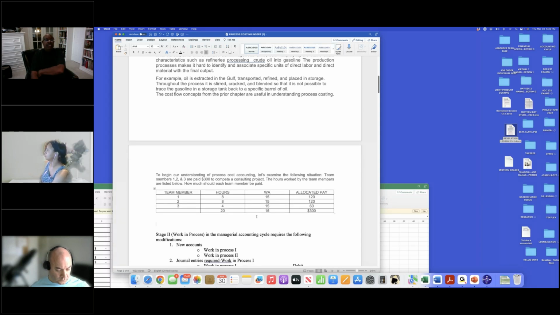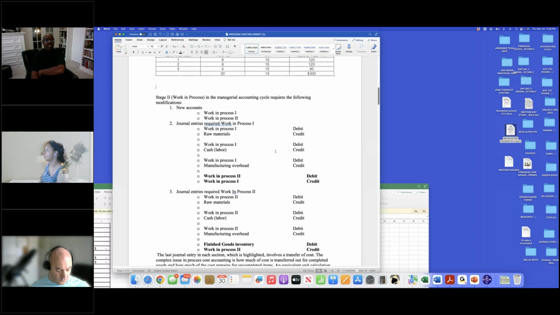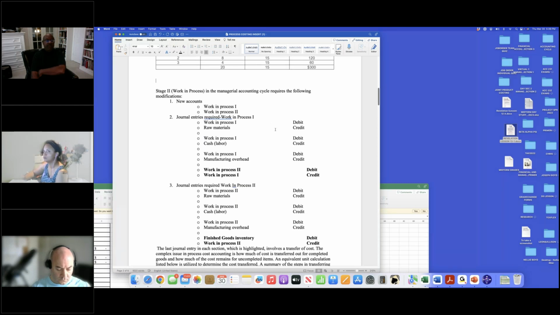Now, everything is journal entries. Our new accounts we're working with are work in process 1 and work in process 2. In work in process 1, in stage 1, we buy the raw materials.